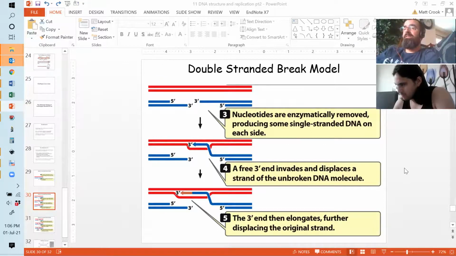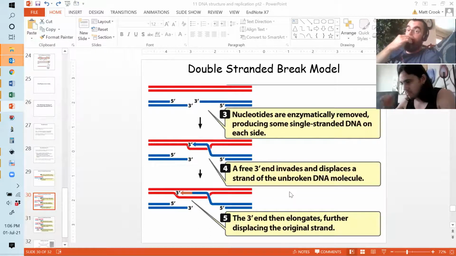Once you have that single-stranded DNA, we get what's called a D loop, right? So this strand kind of gets yanked out. It gets pulled out. And the reason is this strand here, let's say the one on the right at the top of the blue strand, it invades the homologous double-stranded DNA molecule.